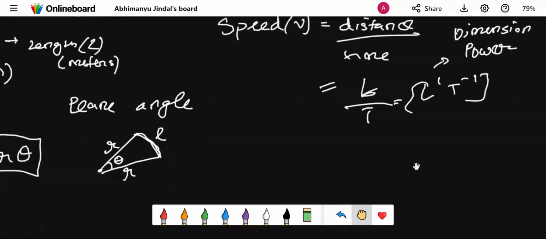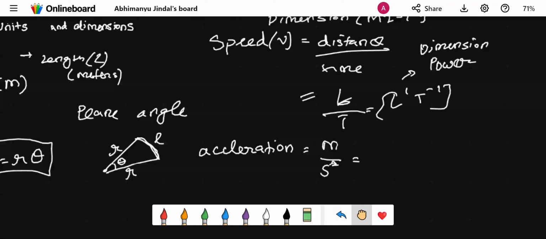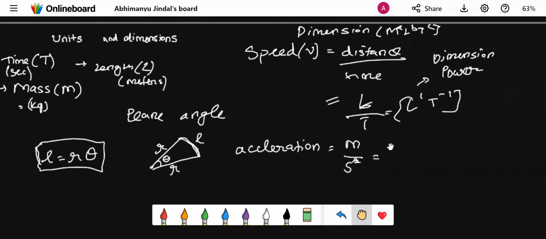Now let's go for acceleration. Acceleration is, as you guys know, meter per second square. This you all know because you must have done kinematics. But you don't have to stress if this is your first chapter. You don't have to stress about learning the dimensional powers because, first of all, this is not that important right now.